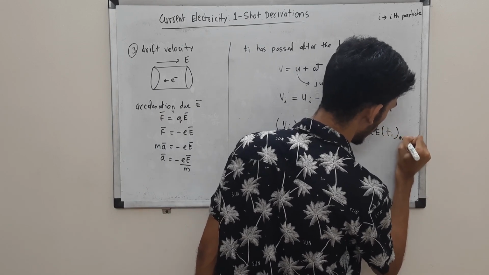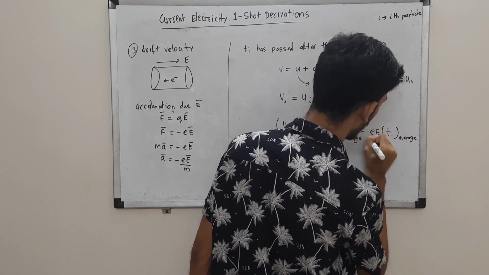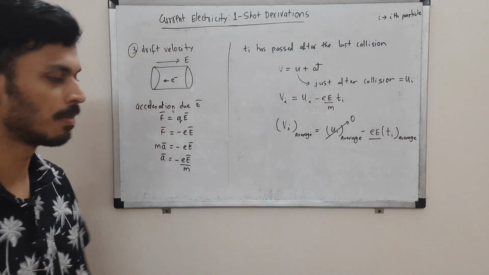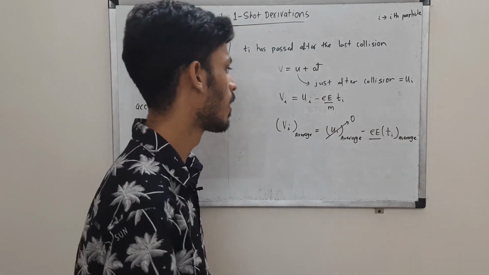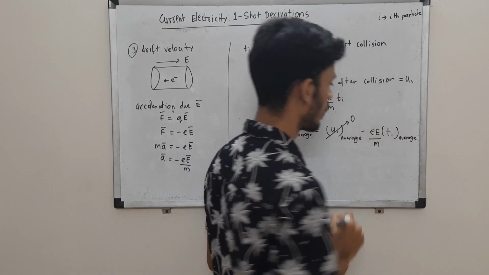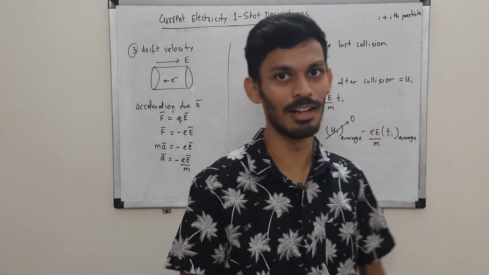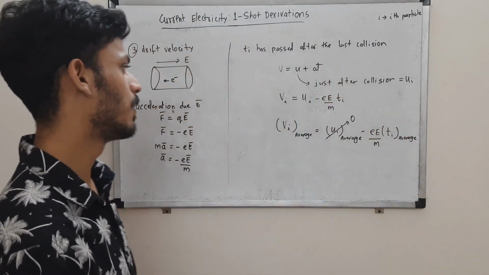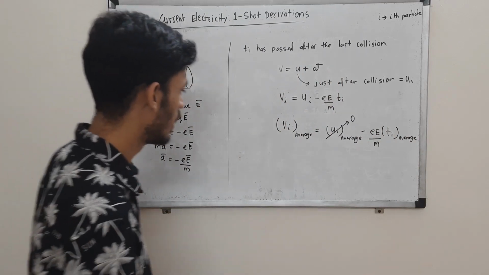Okay, we also have to take the average over all the times, the time that passes after collision for different electrons. Actually, we had defined a term for this in the previous class.